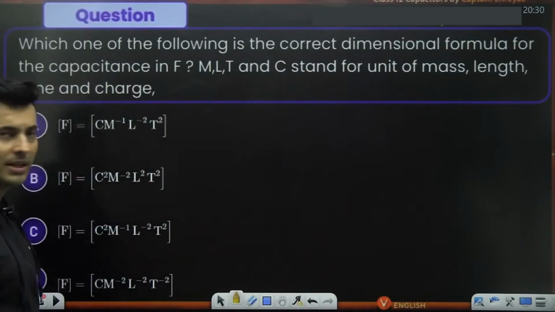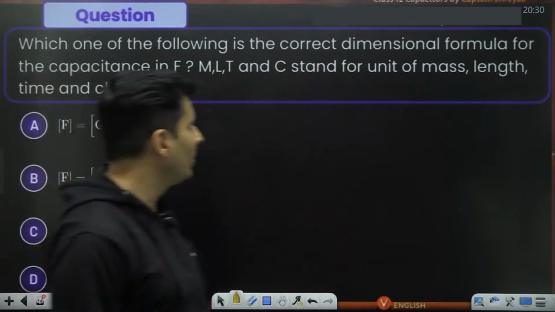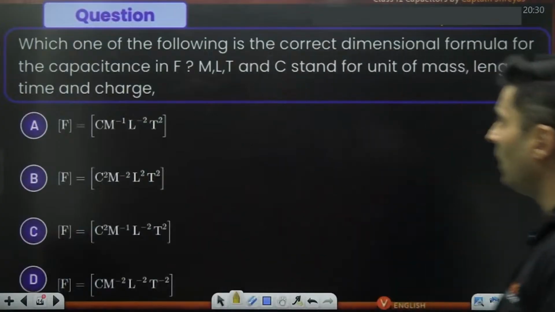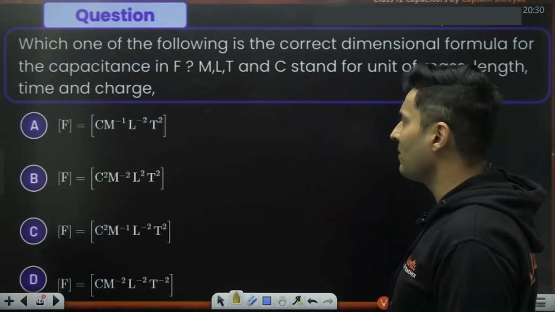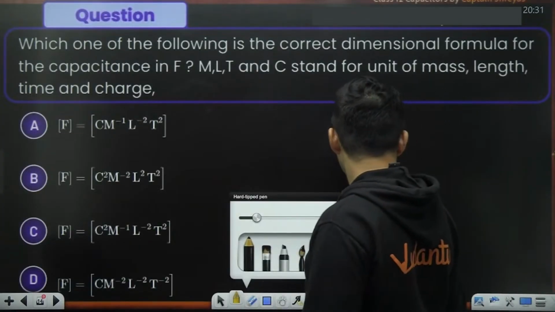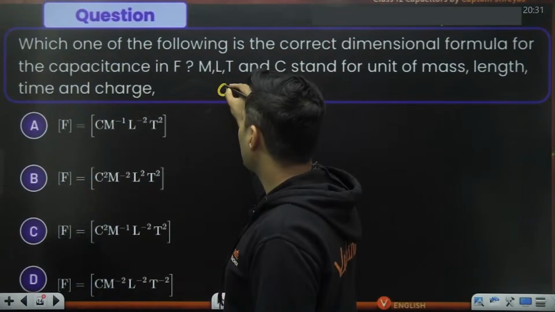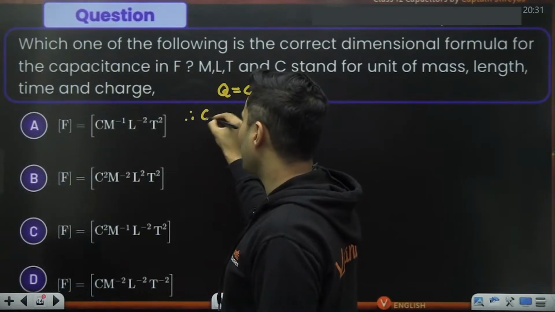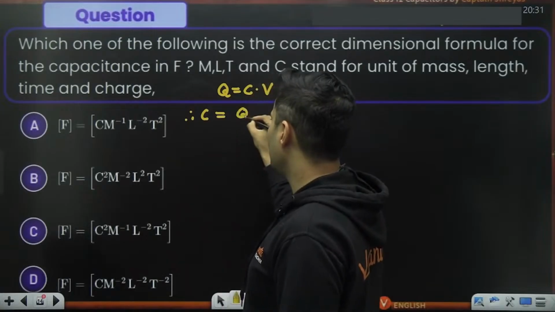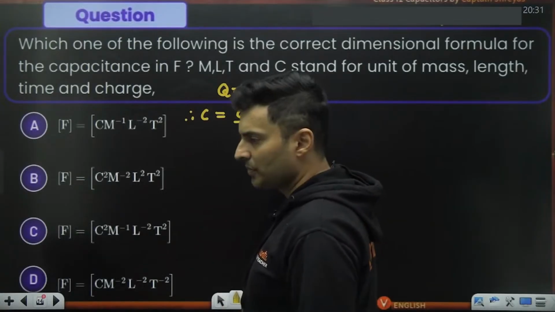Moving on to the next one on your screen. This is a JEE Mains question. Which one of the following is the correct dimensional formula of the capacitance in farad? MLTC stands for mass, length, time, and charge. We know that Q is equal to capacitance into voltage. Therefore, capacitance will be the charge divided by the voltage.